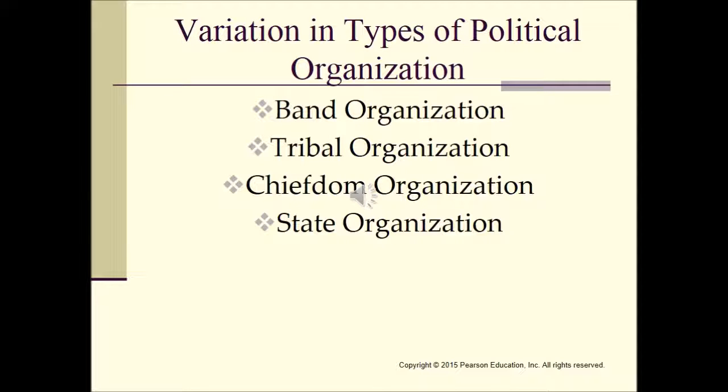Tribal organization is going to be maybe your complex foragers, your horticultural groups, or your pastoral groups. Chiefdom will be, again, horticultural, intensive agriculture, complex foragers, and then state would be more likely intensive agriculture or industrial type societies.